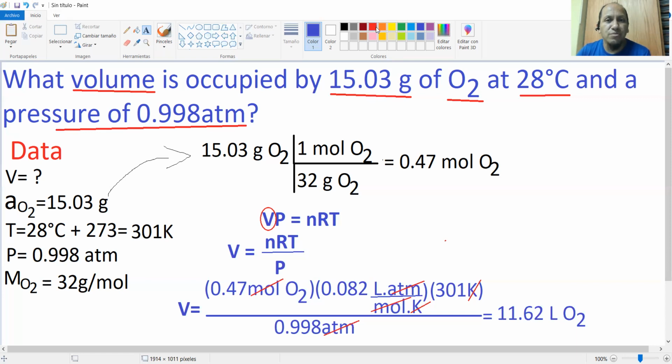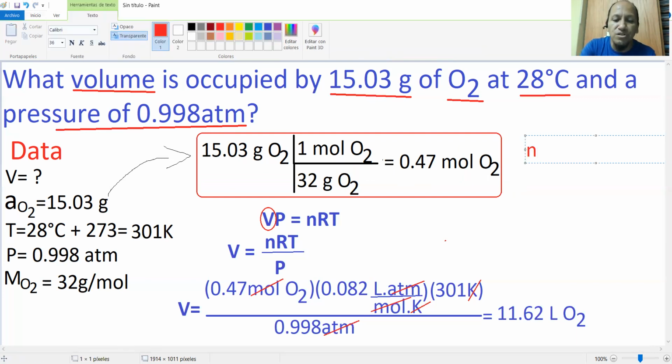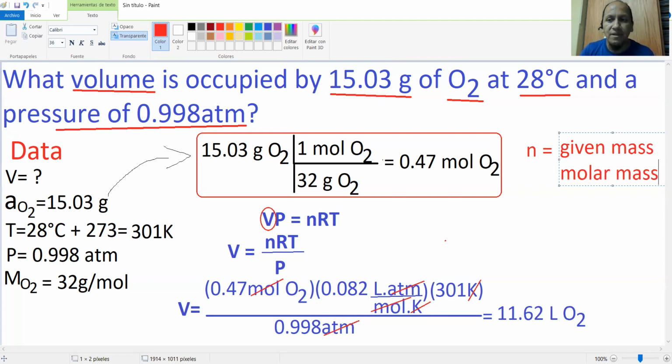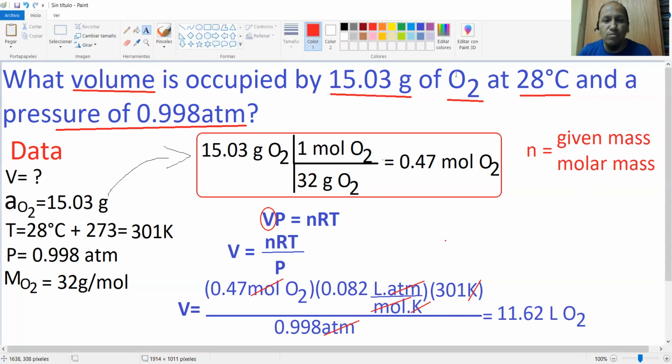Something very important that we could also get from this conversion, from stoichiometry, where you did this conversion from grams to moles, is that we can easily put it in an equation, just for you to remember: the number of moles of anything is the given mass divided by the molar mass of that compound.